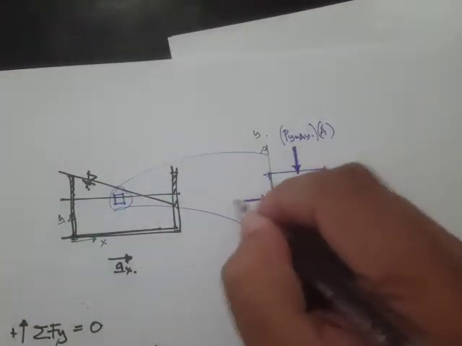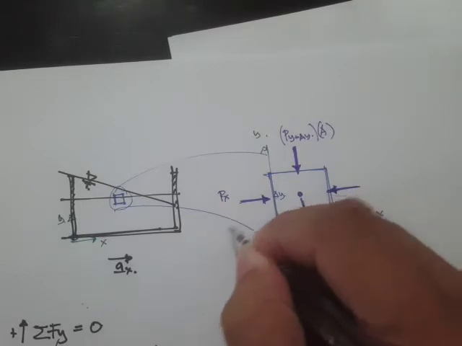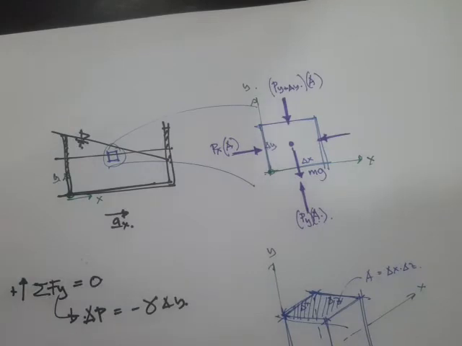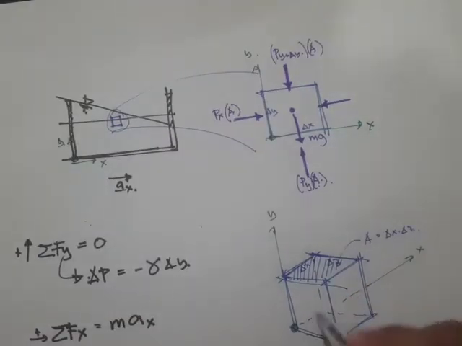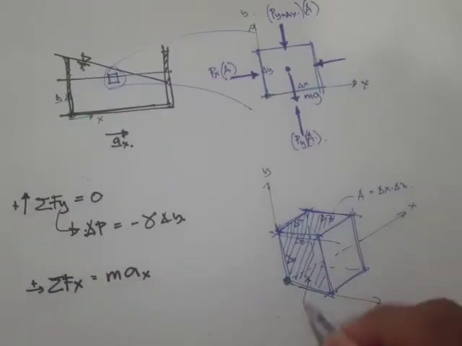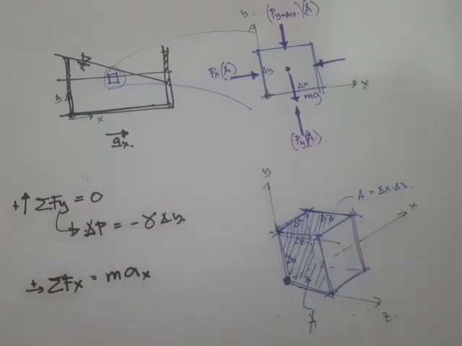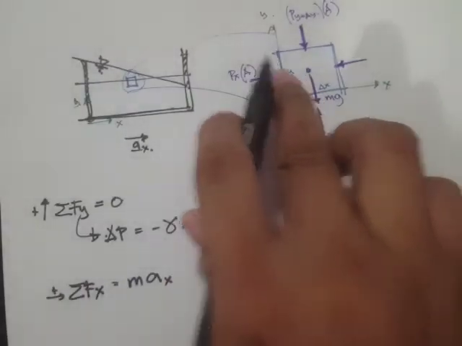Let's say this is p x. Since we're dealing with forces, we need to multiply by the area. Since this is delta z and this is delta y, the area, if we're considering the motion along the x-axis, is simply delta y times delta z.